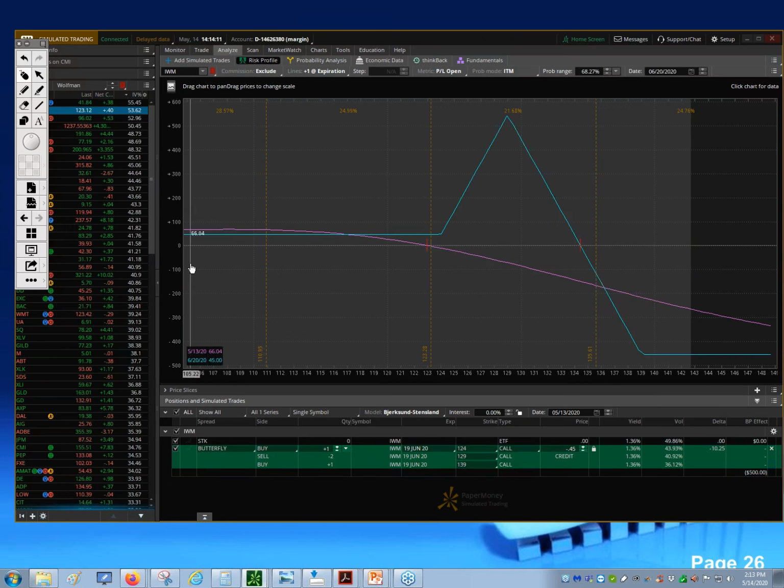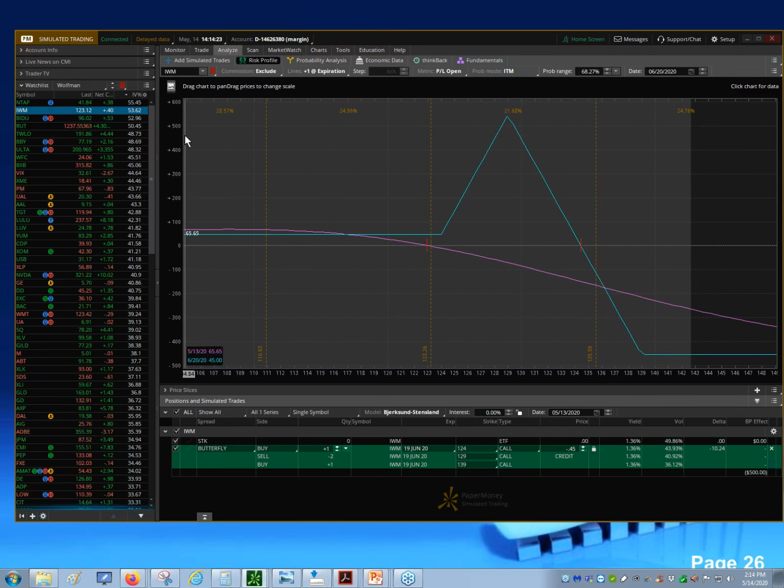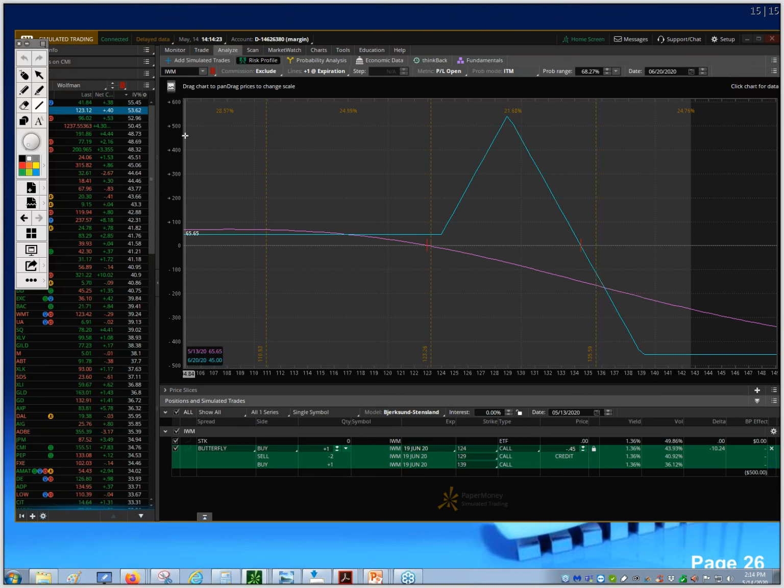So you can see here our max profit then is $5.45. That's what that's showing across there. I pull up a line here. Should be right around here. I'm ballparking the idea there. And then my max loss, if I drew a line, should be about 475.